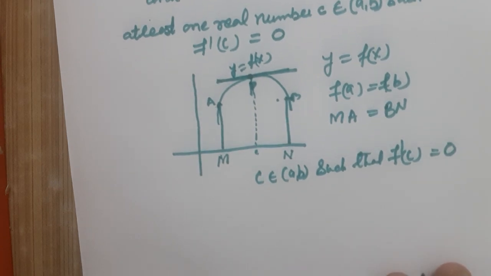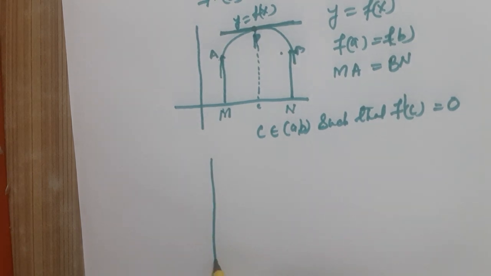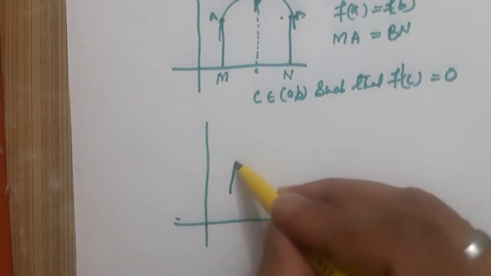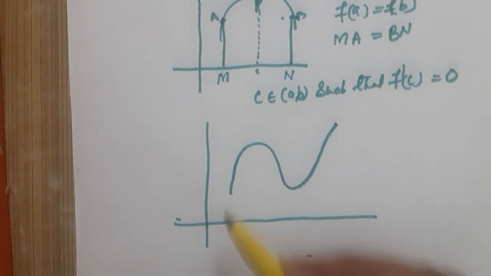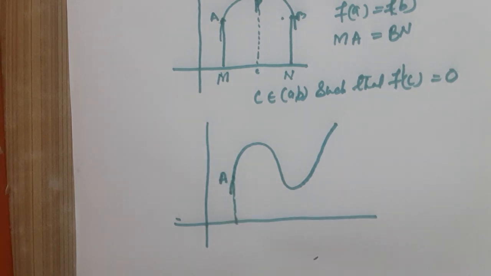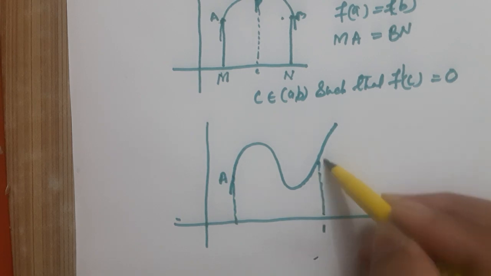So there may exist more than one point between A and B. So let's draw the diagram first. I will draw the curve like this. I will name this as A point, and here is B point.